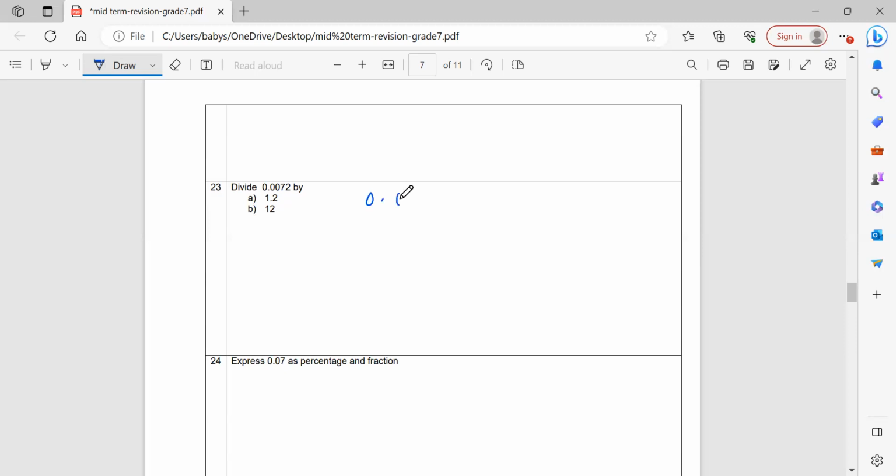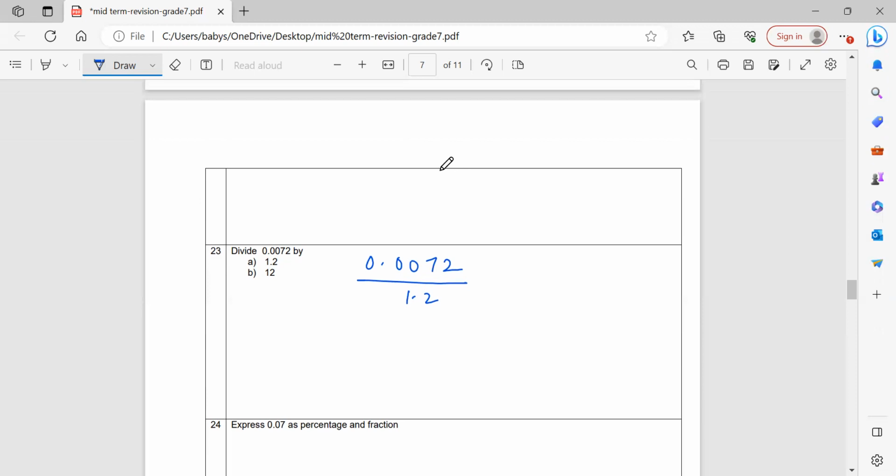You have 0.0072 divided by 1.2. I'll just take it up in the interest of space so that I get some space here. I'll solve it up as you can see. 0.0072, we're dividing it by 1.2.